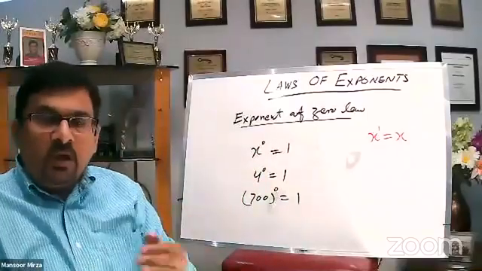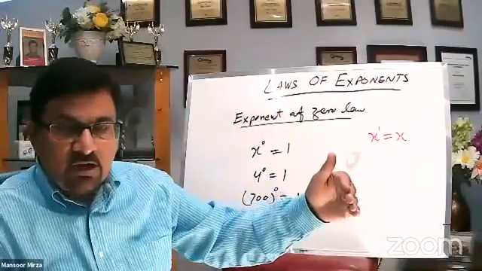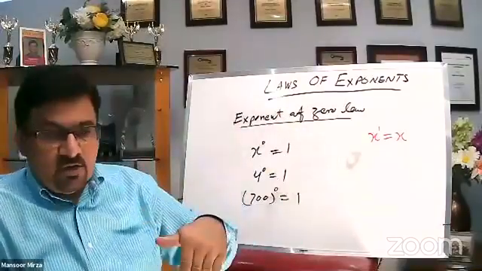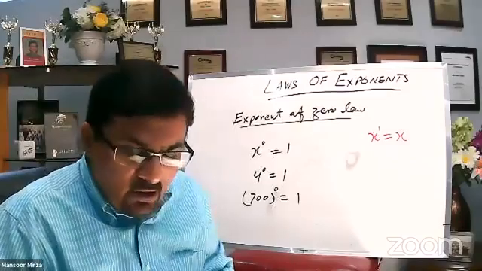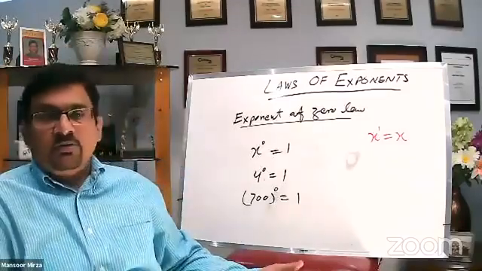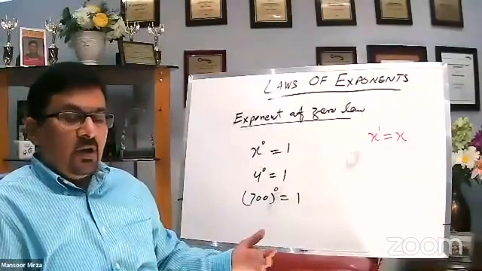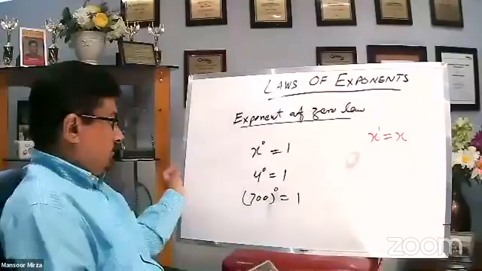So far we have covered the 1 law, 0 law, multiplication of exponents, and division of exponents. Now, the next part in exponents is again very interesting, and we call it the exponent power of a power law.